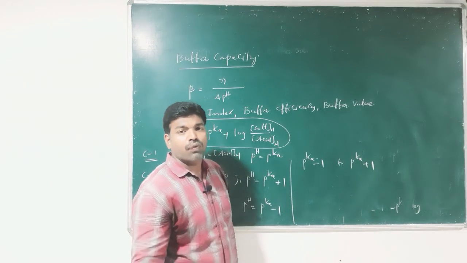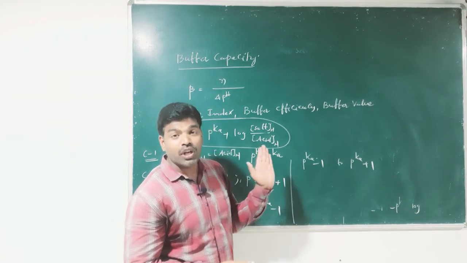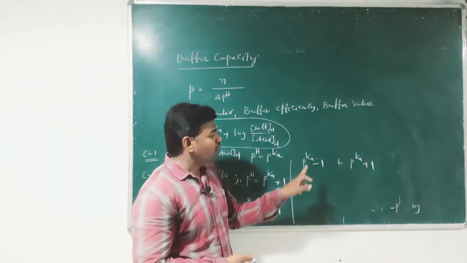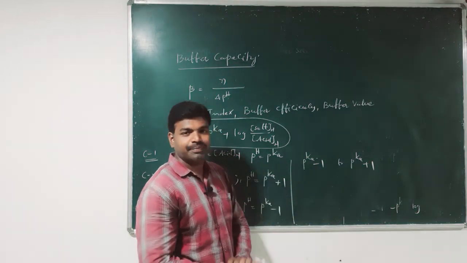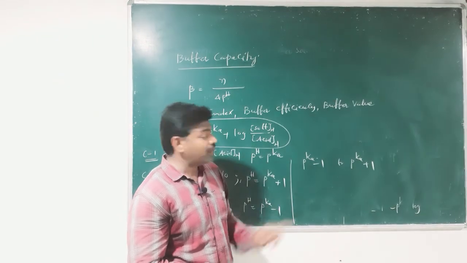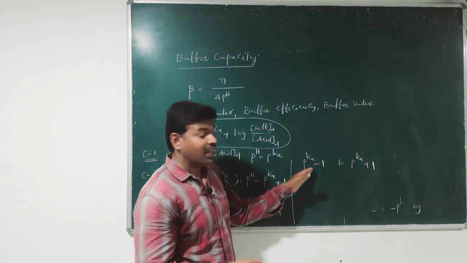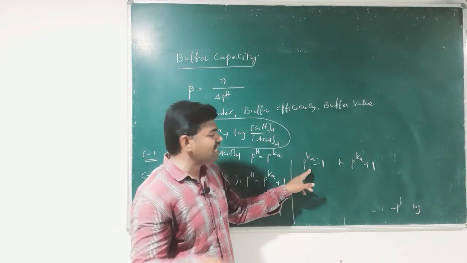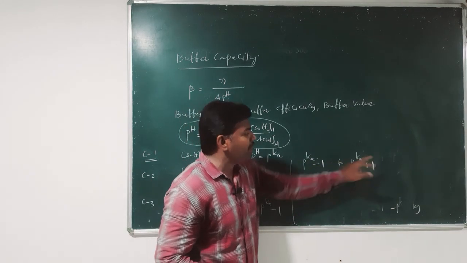Okay. So we know the pKa value of acetic acid and ammonium hydroxide, and we shall do some problems based on this range. Buffer capacity is maximum in this range, and the buffer works efficiently in this range, that is pKa minus 1 to pKa plus 1.